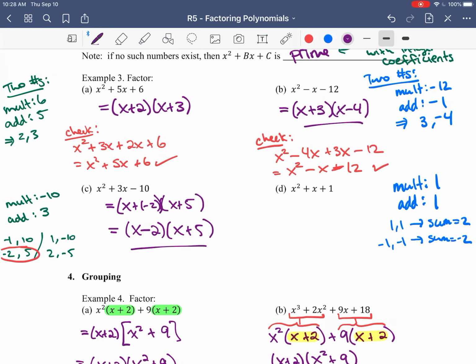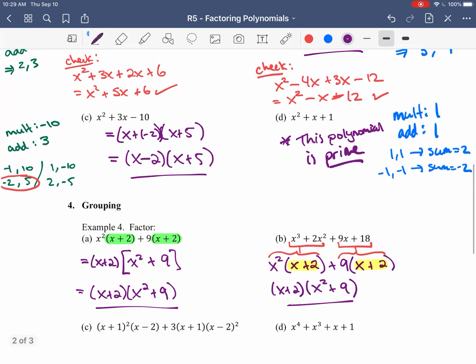Okay, so this one doesn't have any integer factors. So what we're going to write is this polynomial, oops, I spelled that wrong, is prime. Okay, so we can't factor it further at this point.